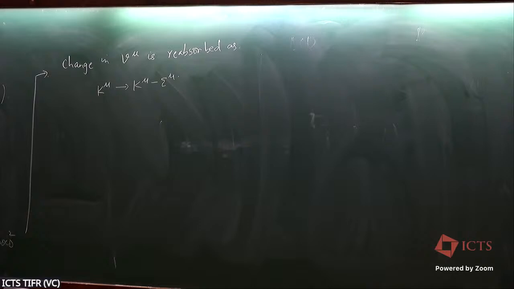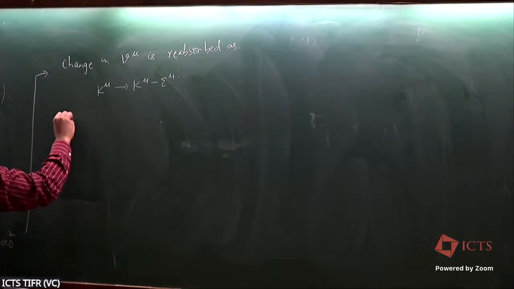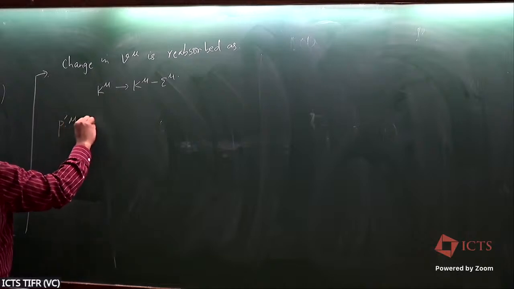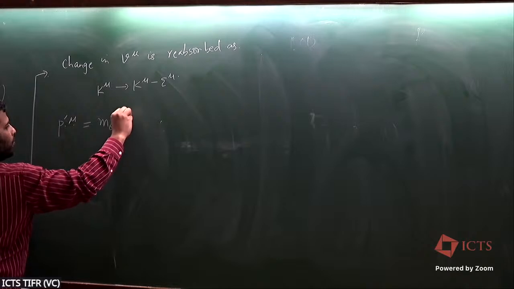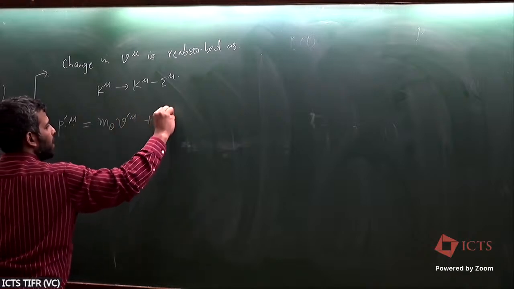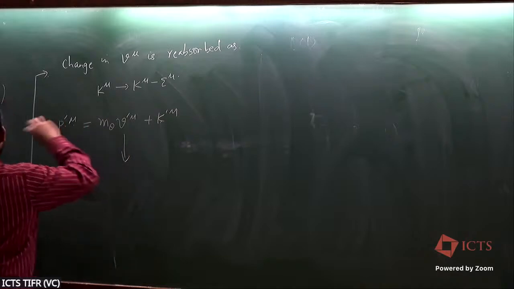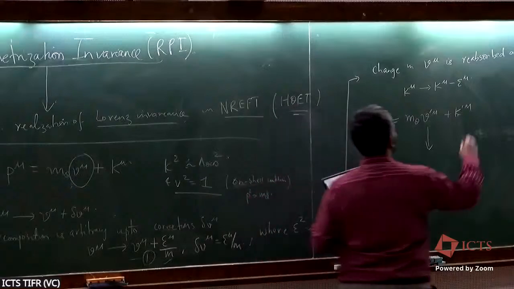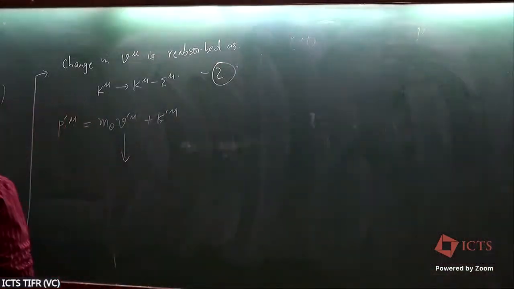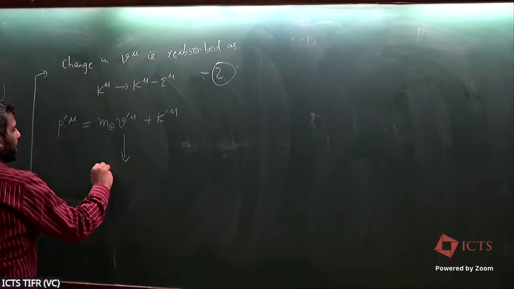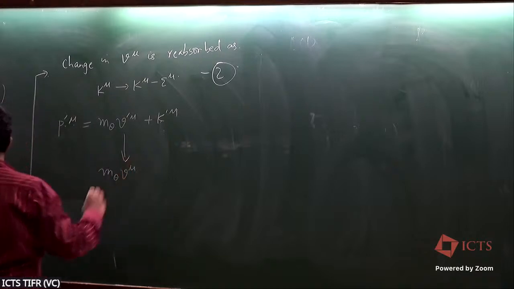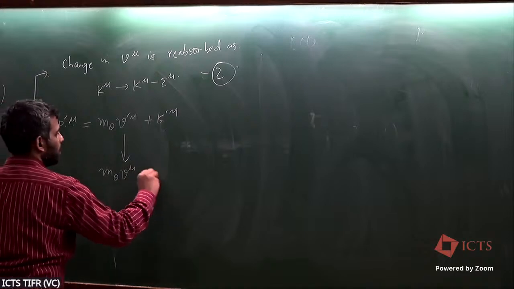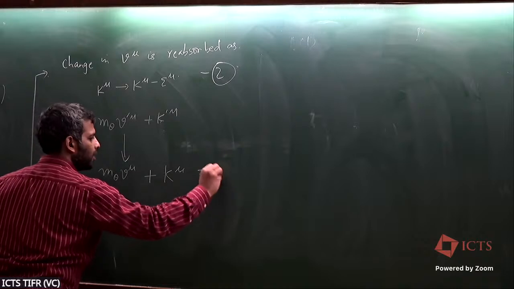And this basically gives you that in a frame where I have P prime mu, which is MQ V prime mu plus K prime mu, let's say this is 1 and this is 2, I substitute these expressions. What I will get is MQ V mu plus K mu, which is my P mu.